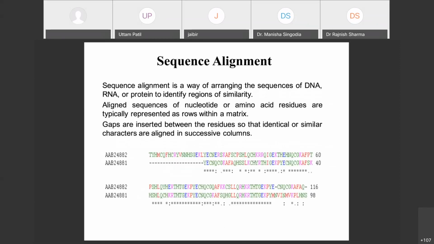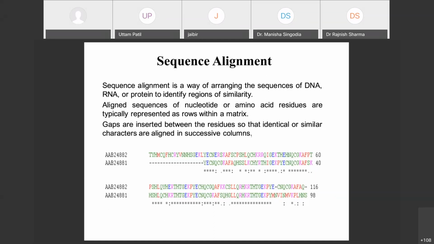So coming to the main thing directly, which is sequence alignment. I have been talking about sequence alignment for quite some time, but what exactly is it? Sequence alignment is a way of arranging the sequences of DNA, RNA, or protein to identify regions of similarity between two sequences.